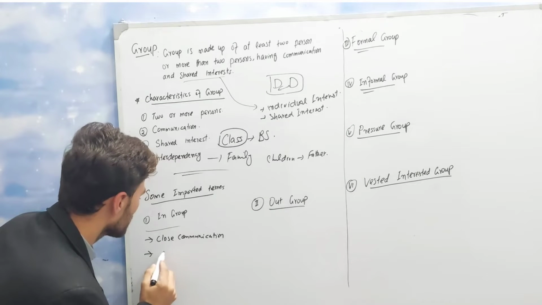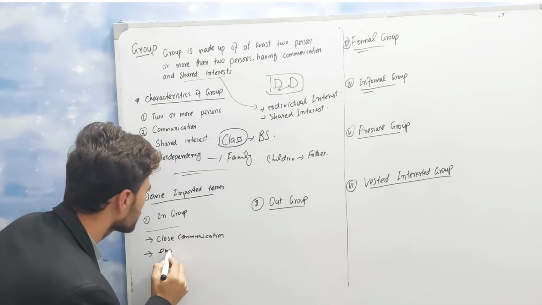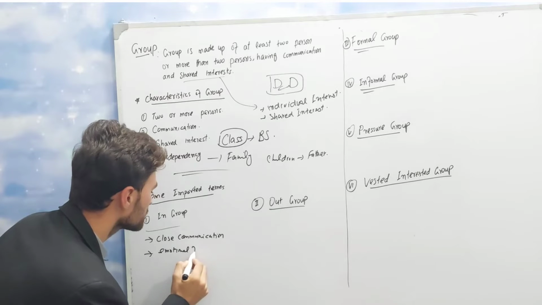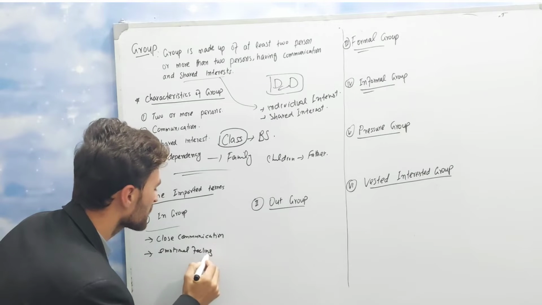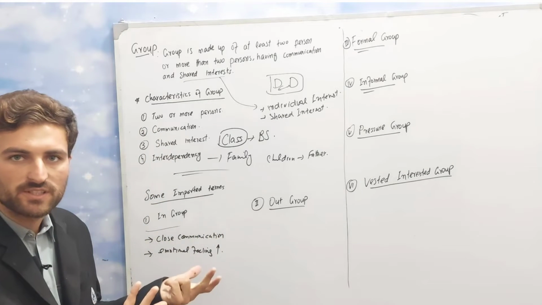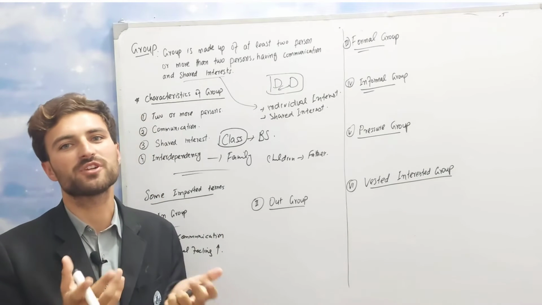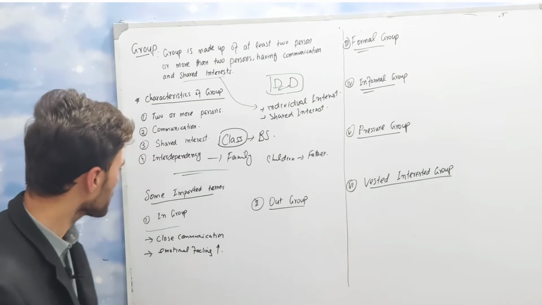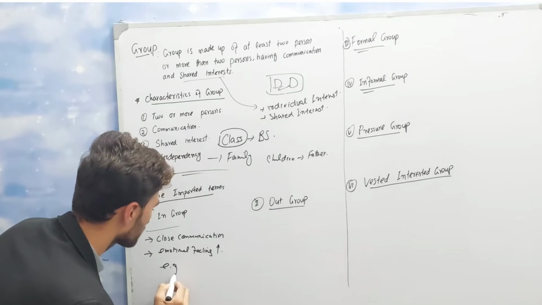The second point is emotional feeling. They will have very much emotional feeling. They will feel very emotional for one another. The example of this group is the family.